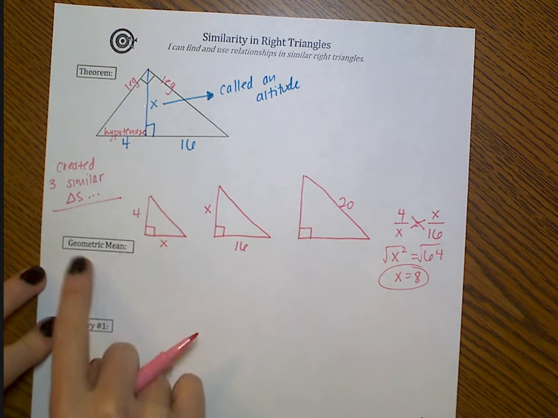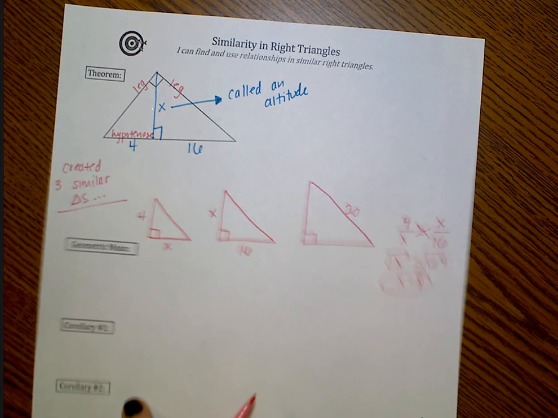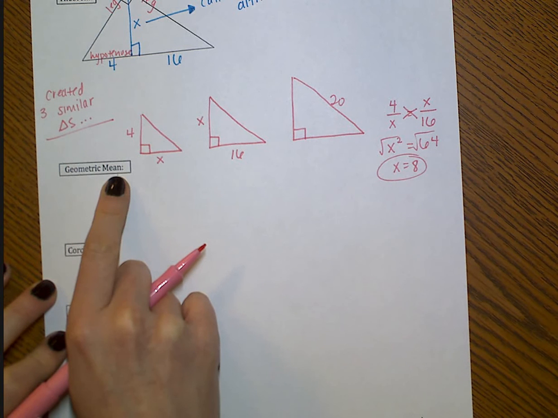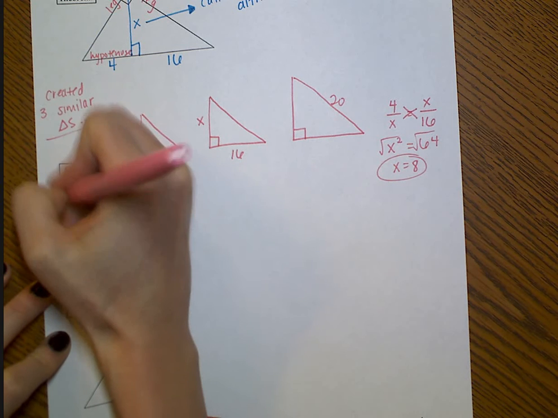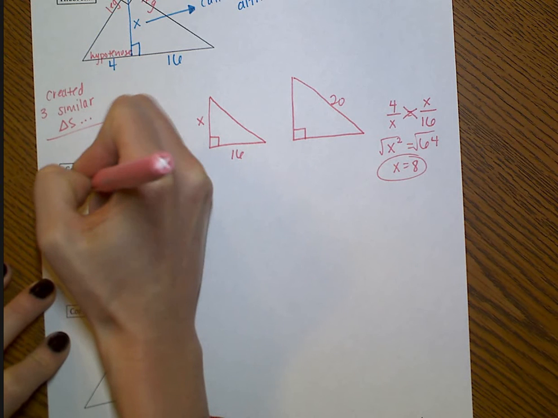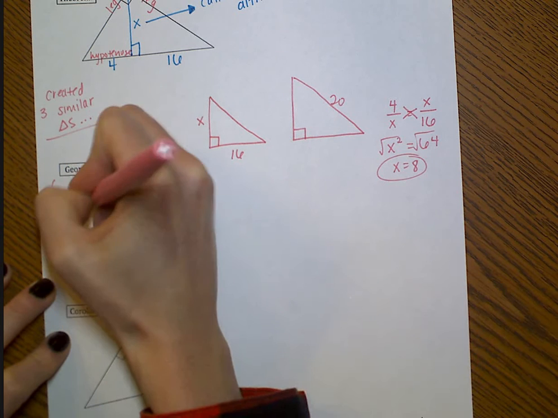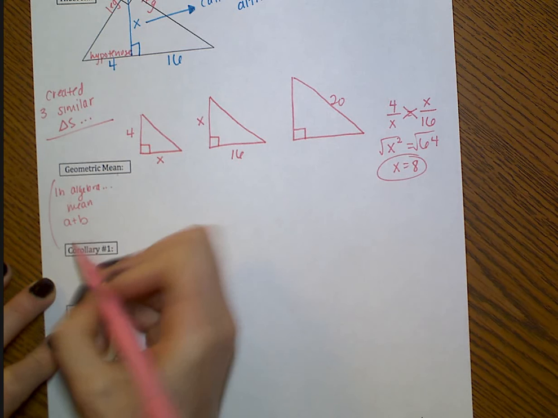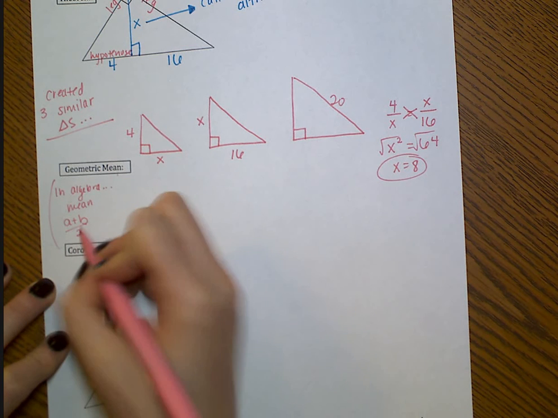This first thing, and we need to know this for these 2 corollaries down at the bottom, is that we need to know what a geometric mean is. I'm going to make a little note: in algebra, the mean is when you add 2 numbers together, we'll call them A and B, and divide by how many there are, so maybe 2.